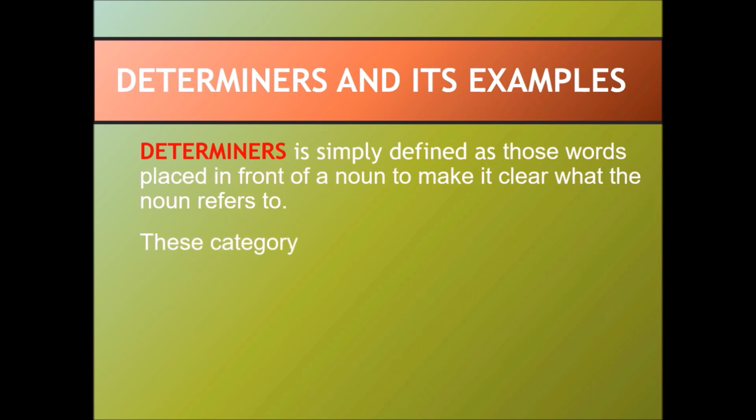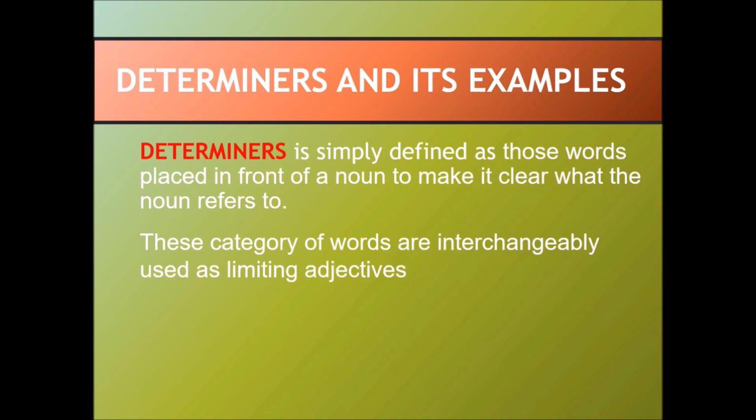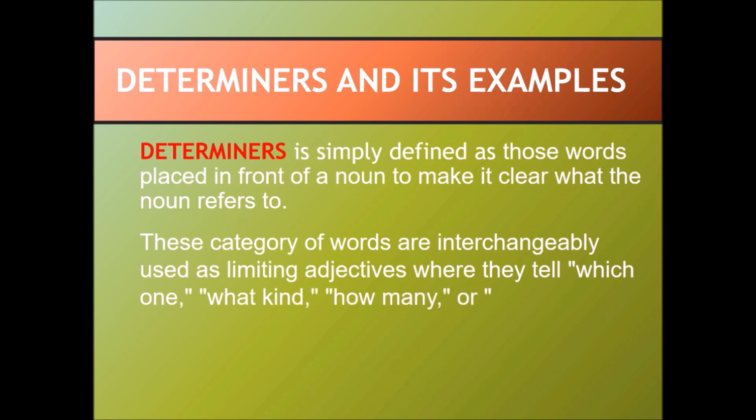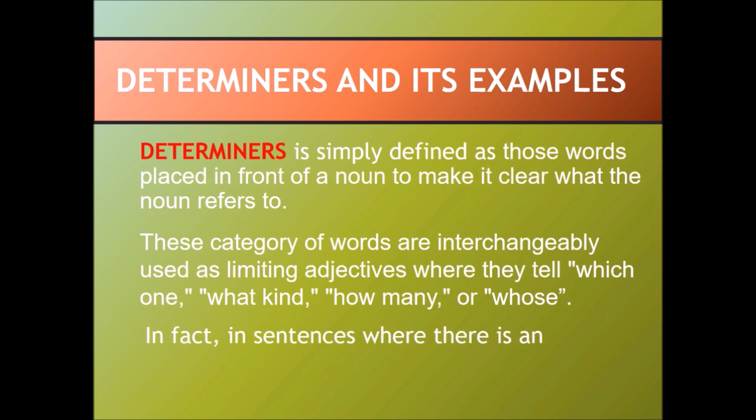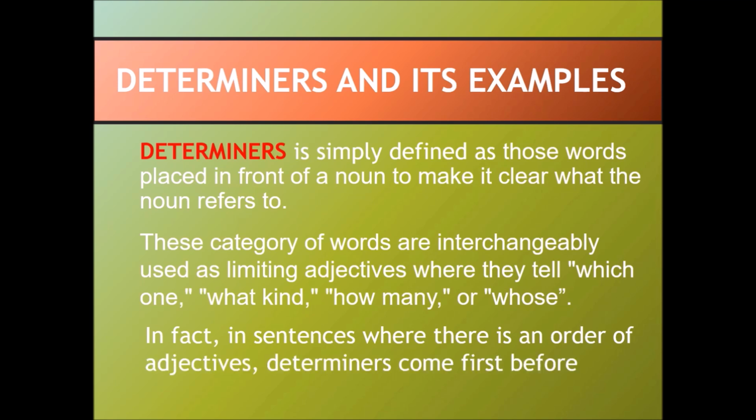This category of words are interchangeably used as limiting adjectives, where they tell which one, what kind, how many, or whose. In fact, in sentences where there is an order of adjectives, determiners come first before the descriptive adjectives.